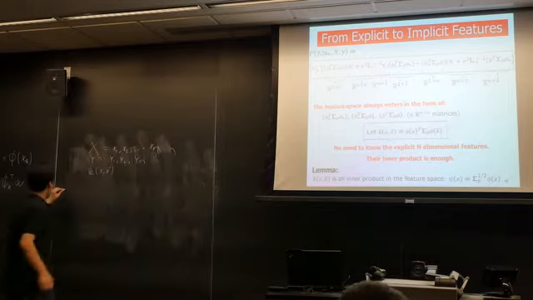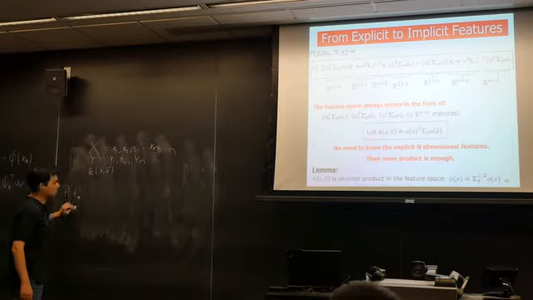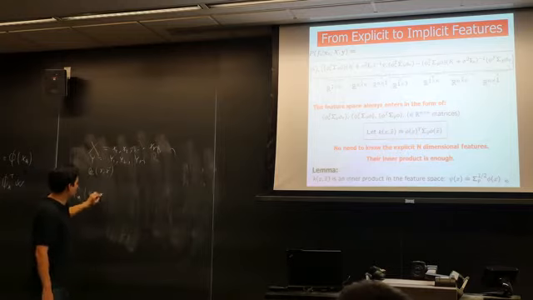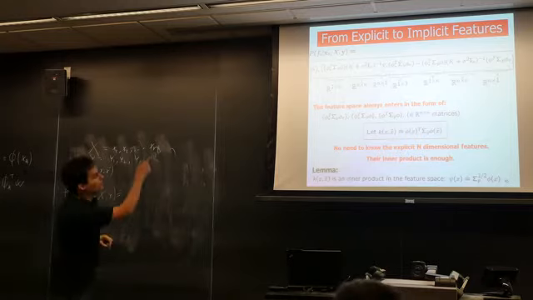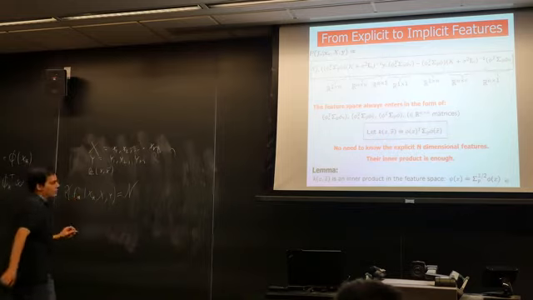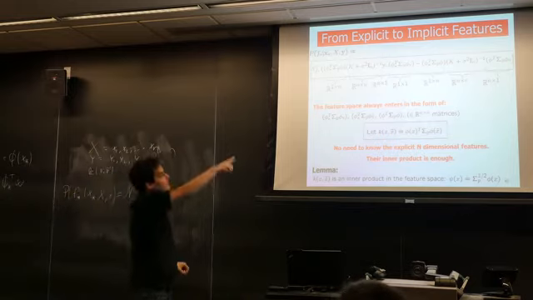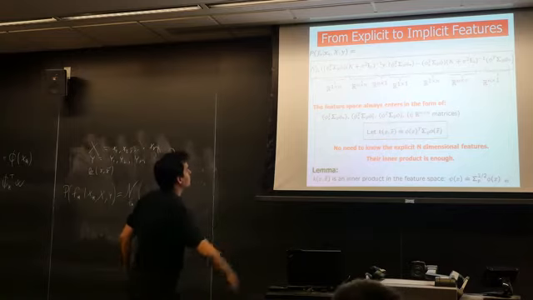The probability of my prediction f star at the location x star, given the data x and y, will be a Gaussian distribution in a scalar f star with mean given by this expression.